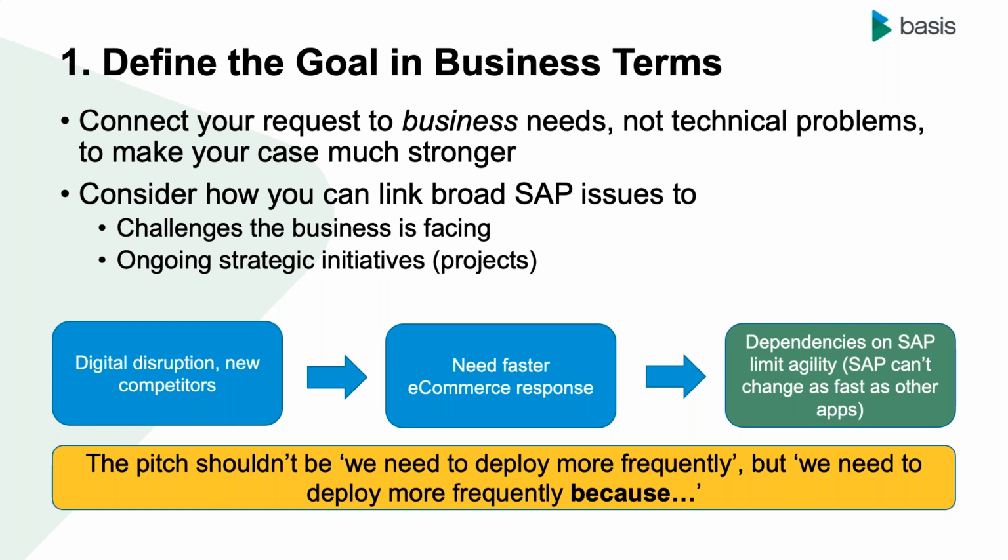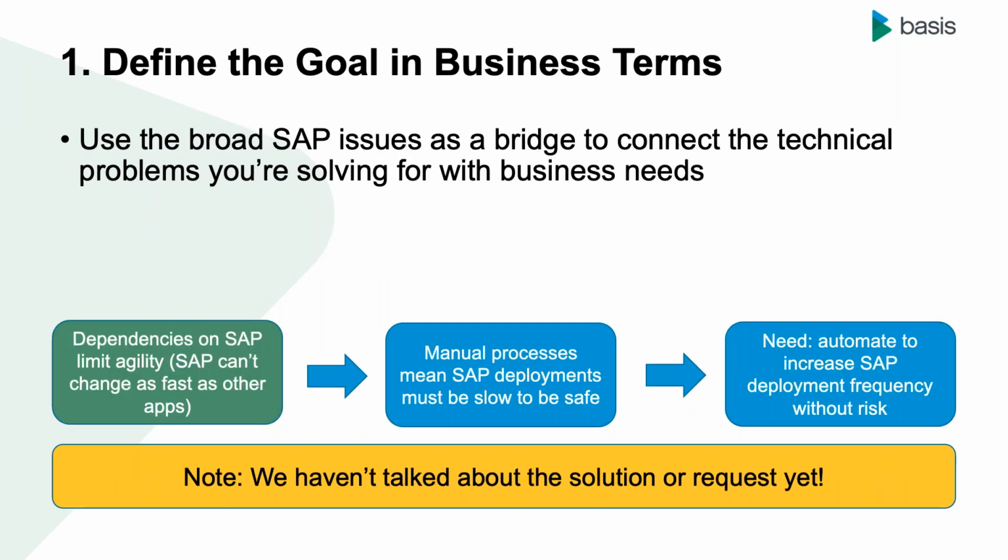Taking that one step further, as we move to the next slide, using that starting point, can I go through a why analysis? So why do we have a lack of agility within the SAP domain? And in this example, there is a reliance on manual processes, meaning that in order to still guarantee safety, to minimize risk, there is manual work that slows down that process.